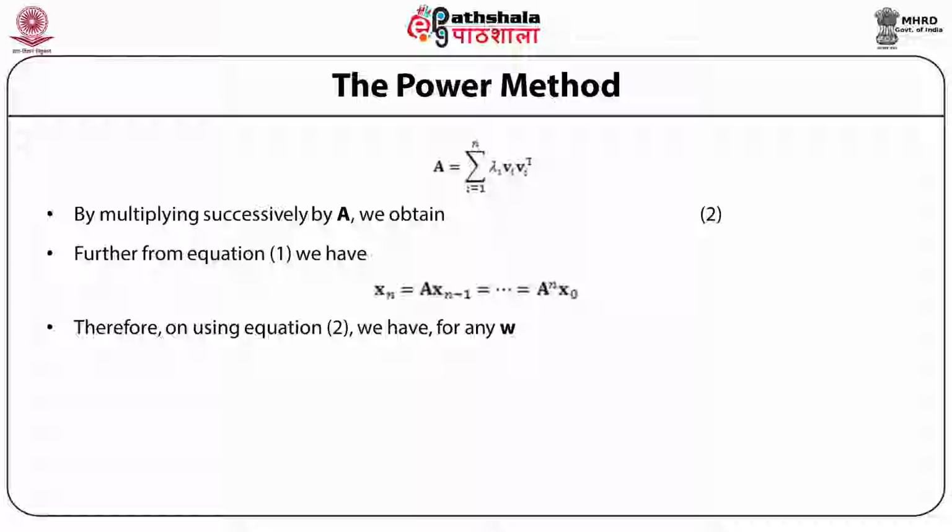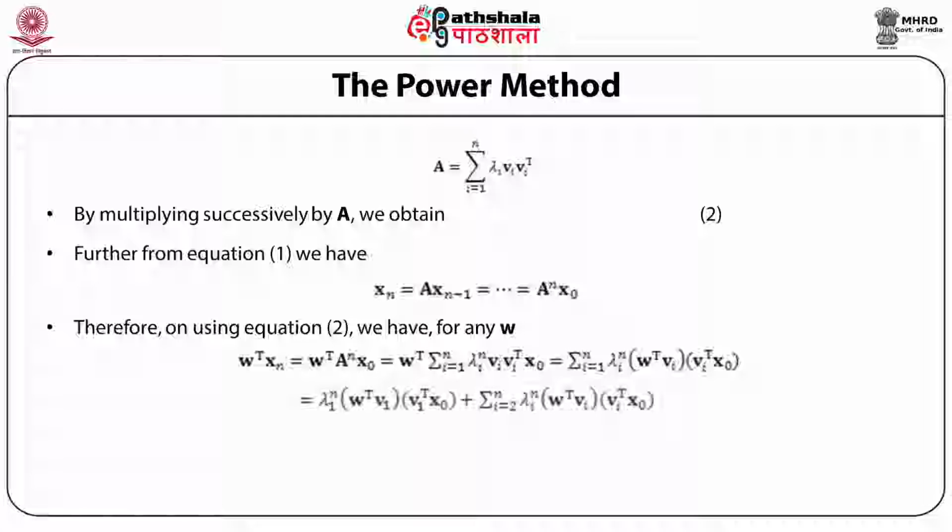Therefore, on using the second equation, for any w, w^T x_n equals w^T A^n x_0 equals w^T times the summation i equals 1 to n of lambda_i^n v_i v_i^T x_0, which equals the summation i equals 1 to n of lambda_i^n w^T v_i times v_i^T x_0, which is further equal to lambda_1^n w^T v_1 times v_1^T x_0 plus the summation i equals 2 to n of lambda_i^n w^T v_i times v_i^T x_0.